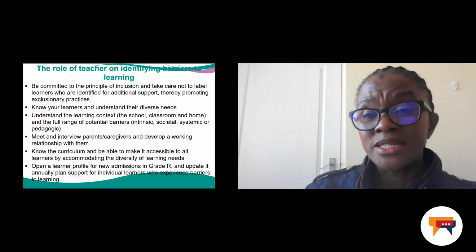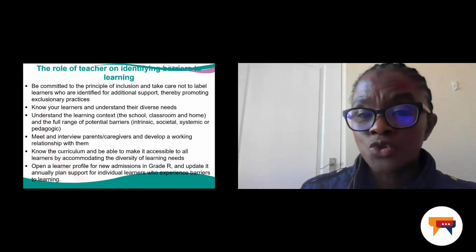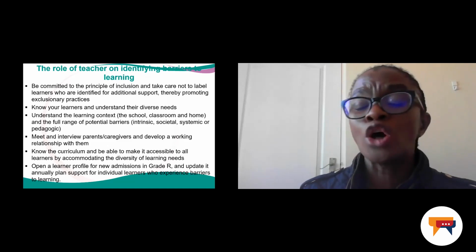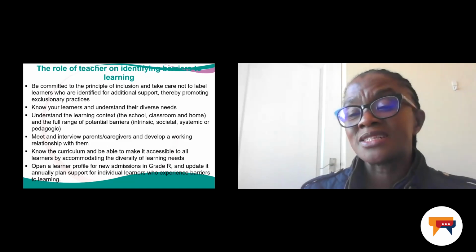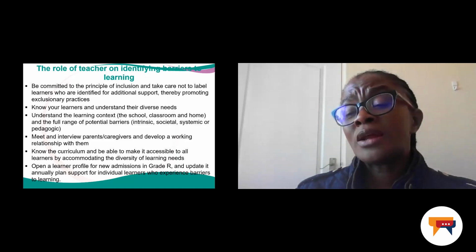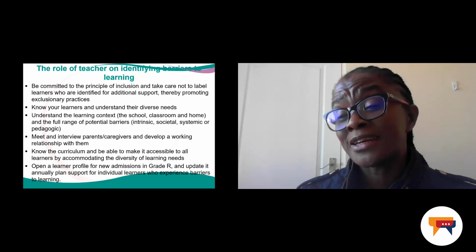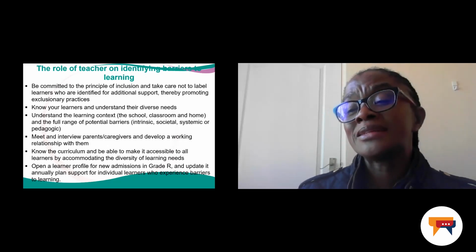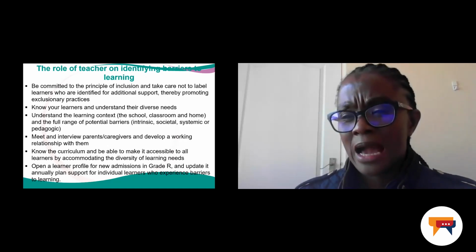The role of the teacher in identifying the barriers to learning: be committed to the principles of inclusion and take care not to label learners who are identified for additional support. I usually hear teachers, when we go for teaching practice, when we go for community engagement projects, just labeling, this is an inclusive learner.